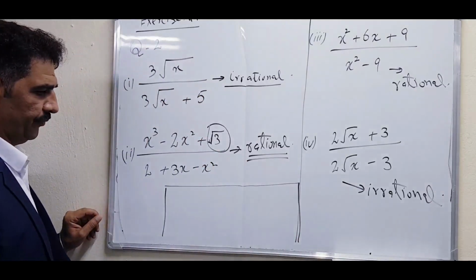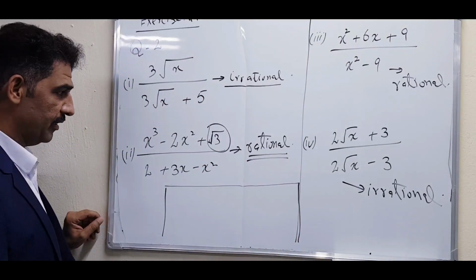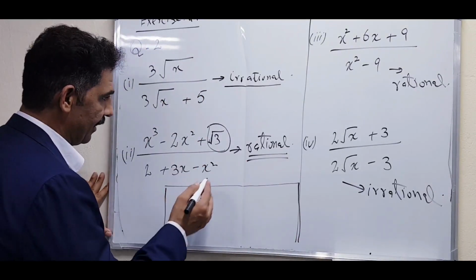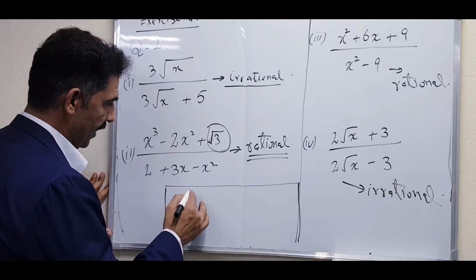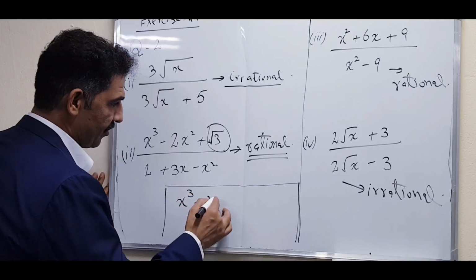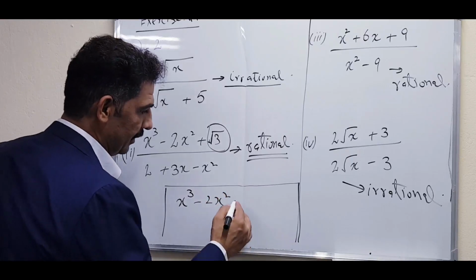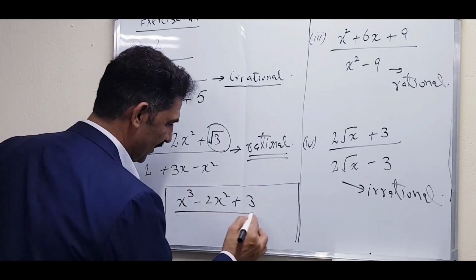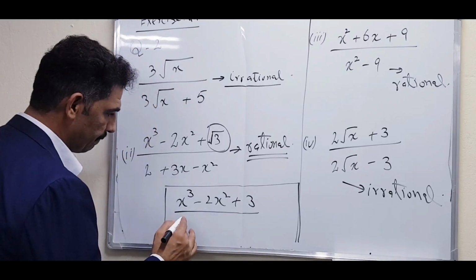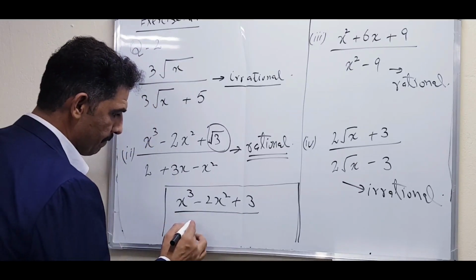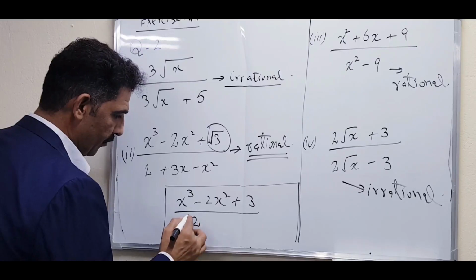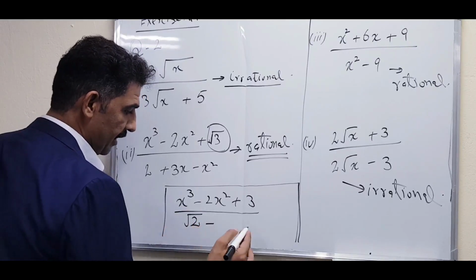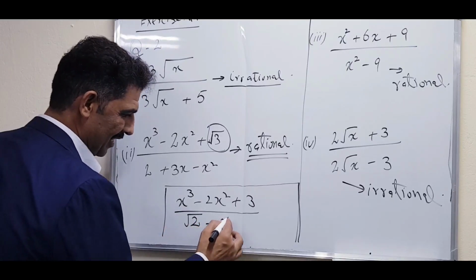What is the question? We make the question like this: x cube minus 2x square plus 3, over 2 root minus x.